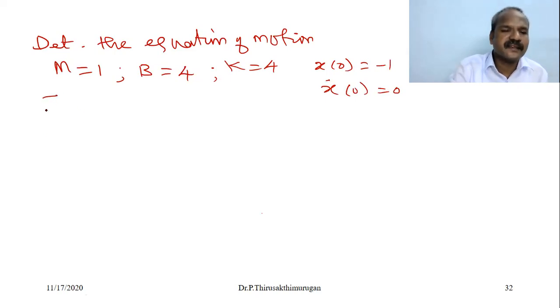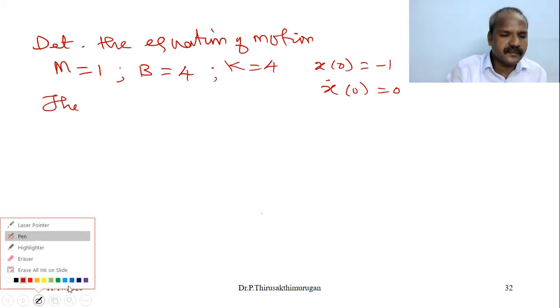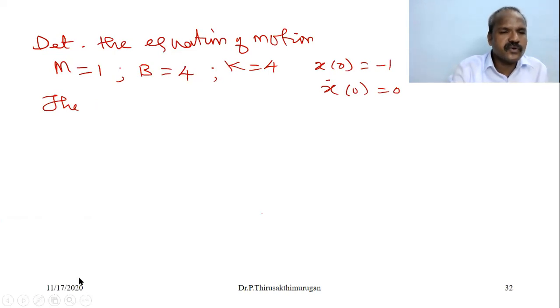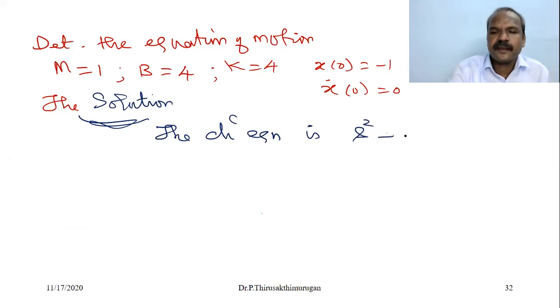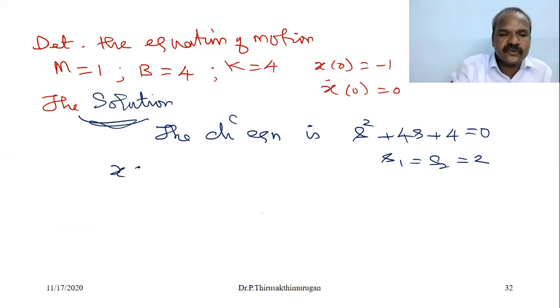So what is the characteristic equation? The characteristic equation is s square plus 4s plus 4 equal to 0. So s1 equal to s2 equal to minus 2.